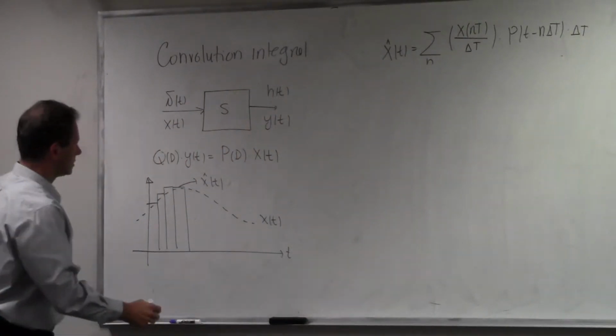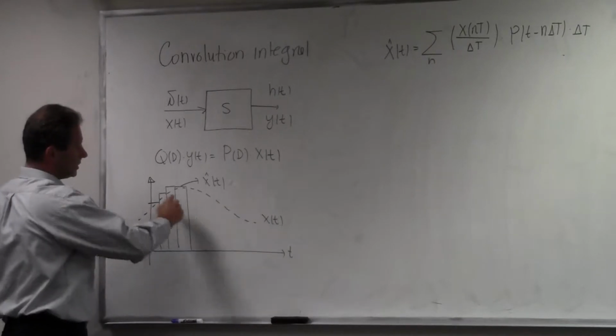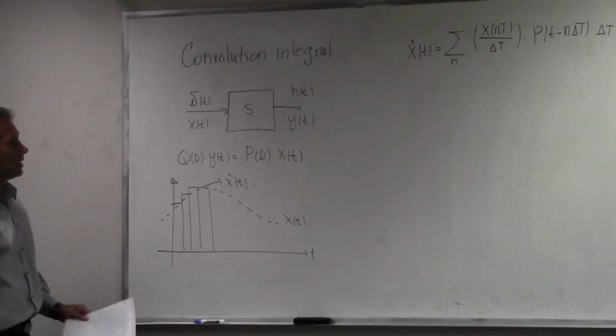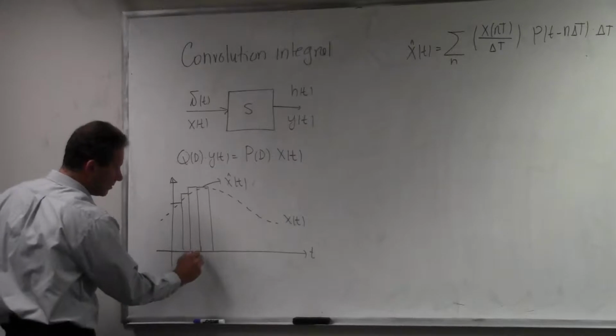Essentially approximating this signal x of t as a bunch of square pulses. Now, this delta t is the width of this pulse.